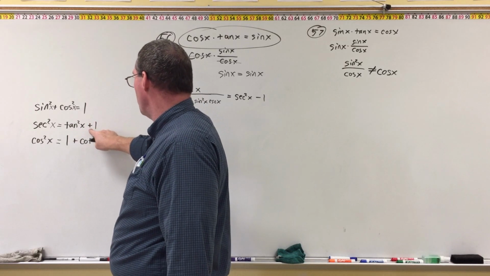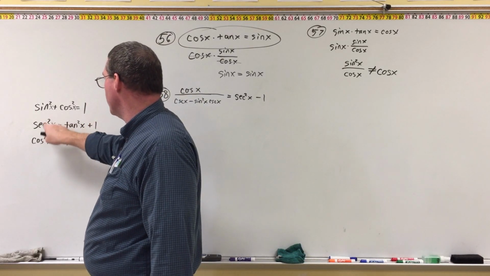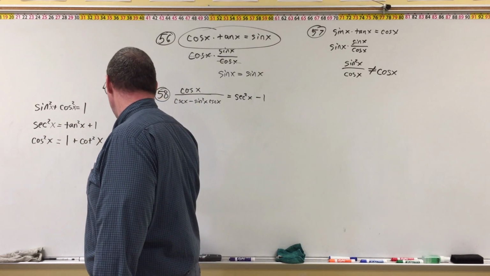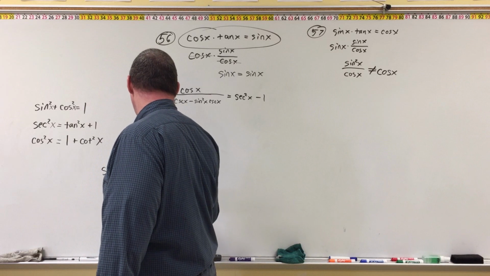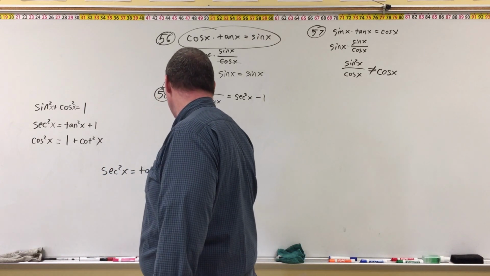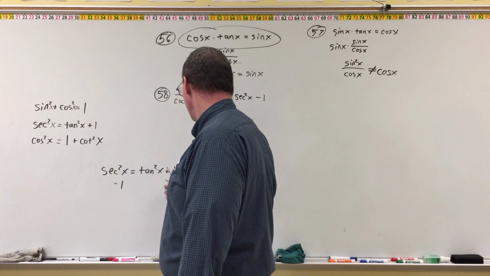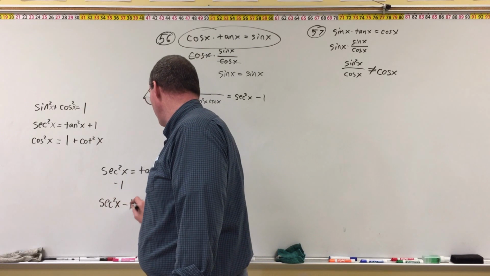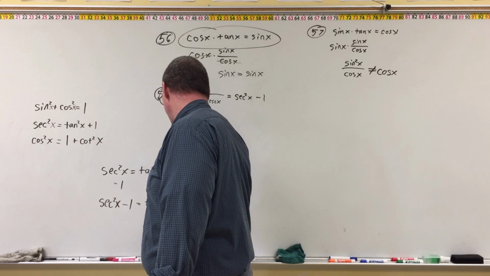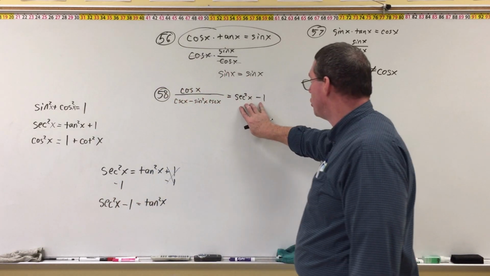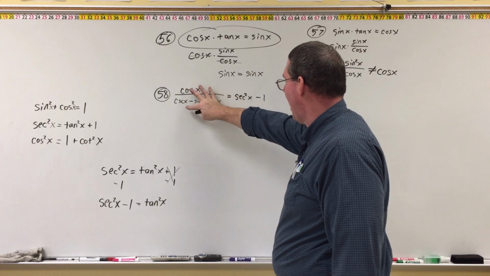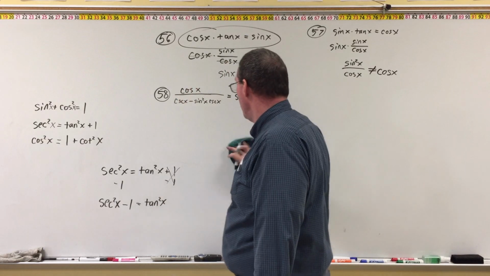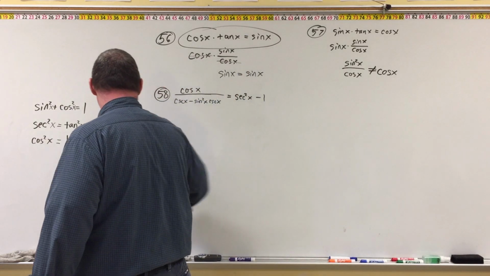If I subtract 1 here and here, the 1 is going to cancel over here. And over here, I'll have secant squared of x minus 1 is equal to tangent squared of x. So in order for this to be true, we would have to wind up with tangent squared of x over here on the left. And let's see if that happens, okay?